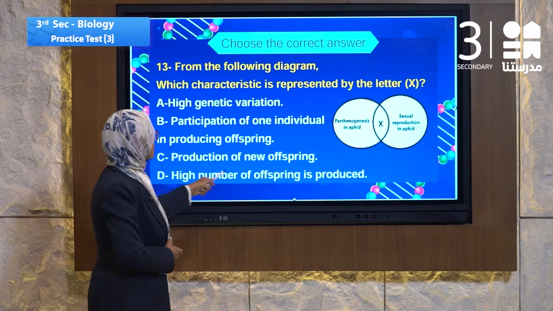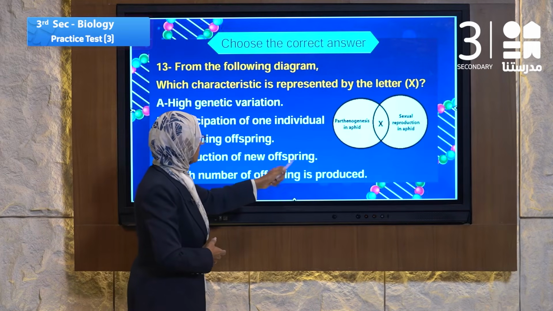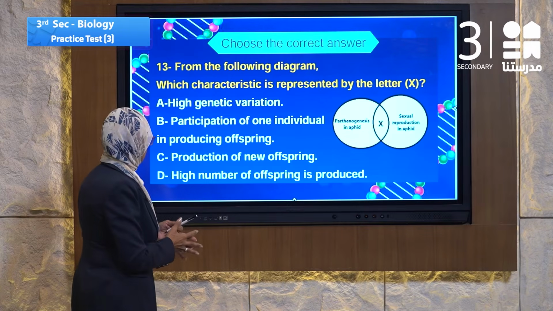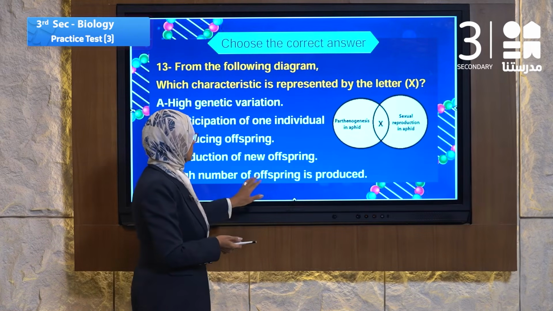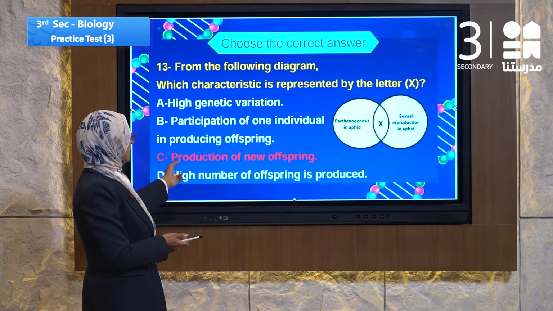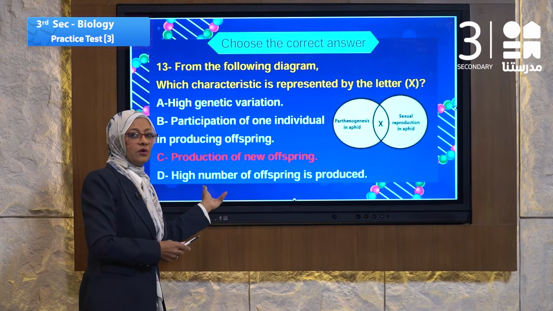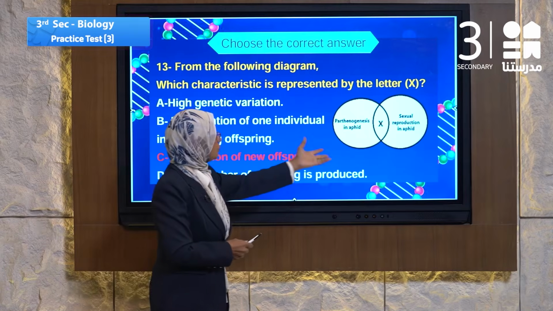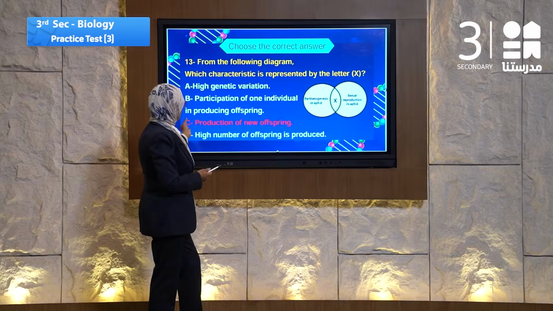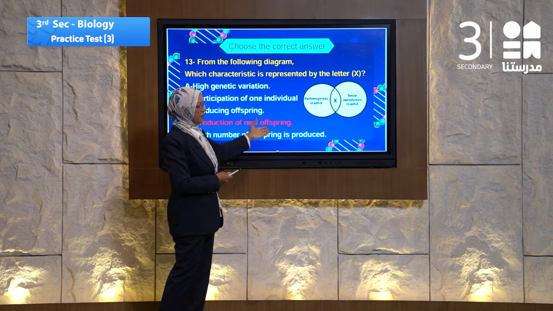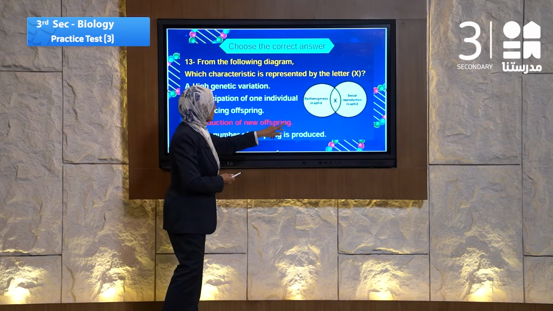Number C, production of new offspring. They are found in both. High number of offspring is produced? No. So the answer must be number C, production of new offspring. The two processes are common in production of new offspring.